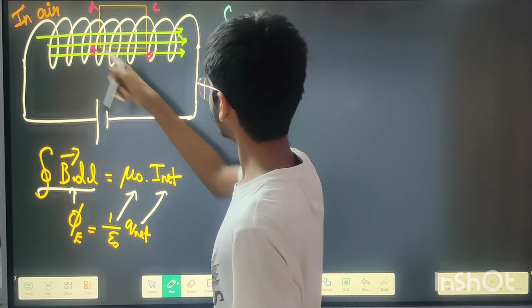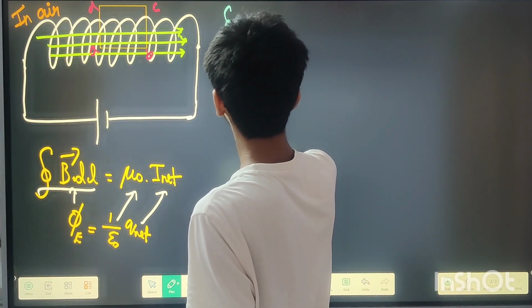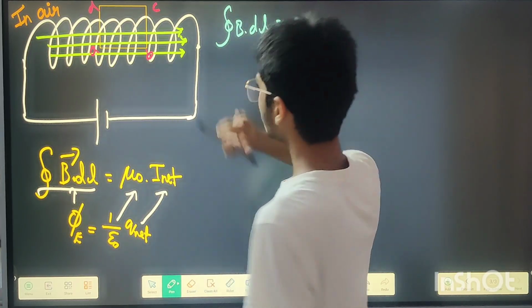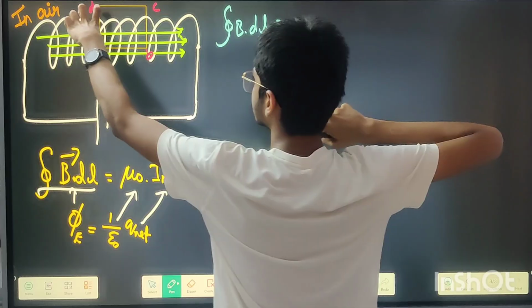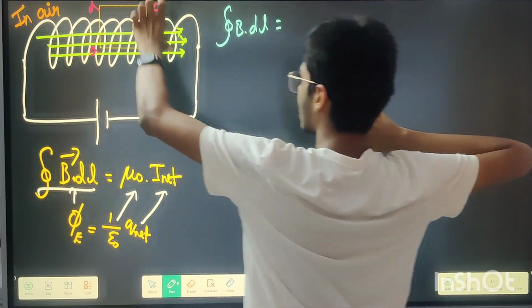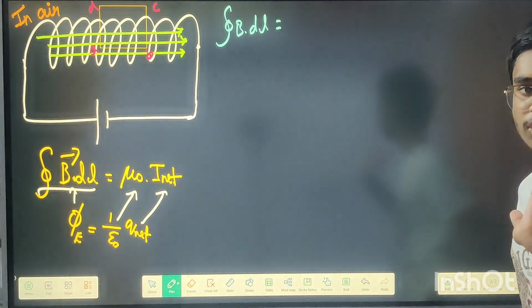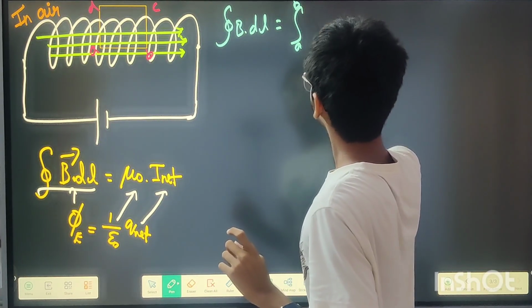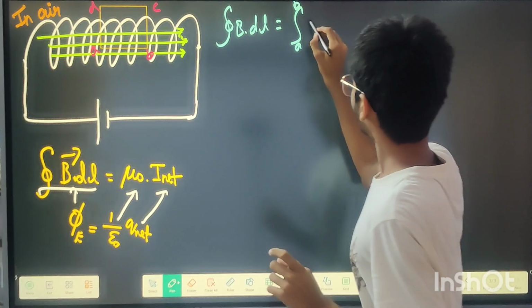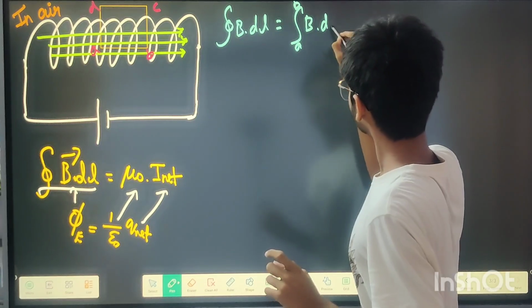the total magnetic field at this box is the integral of B dot dl. Now what we are going to do is split this into 4, since we have AB, AD, DC and BC. Like that we have four different lines. So you can say this as AB, which is going to be B dot dl itself.